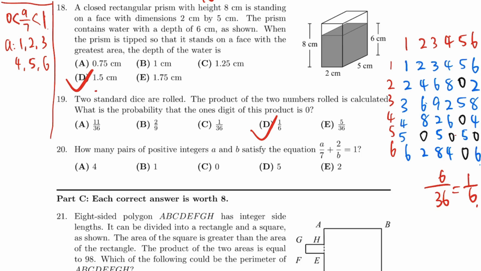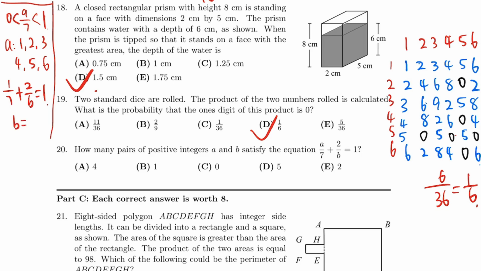So if a is 1, which will be 1 over 7 plus 2 over b equals 1. We can solve it, which, let's see, no, b is not a whole number, right?